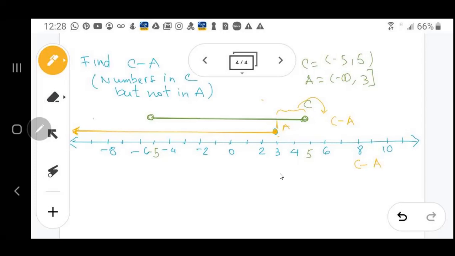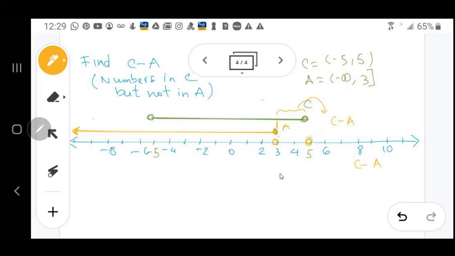If you notice, 3 is part of C, and also part of A. Since it's part of both, and it says numbers that are in C but not in A, we shouldn't take the 3 into consideration because it's in both of them, and they have to be not in A, in the new interval C minus A. So 3, we're going to leave it open because it's in both, and I need that they belong to C but not to A. And at the other extreme, we have 5 that is only in C, and it is open, so I leave it open.